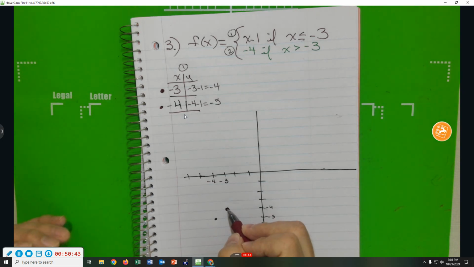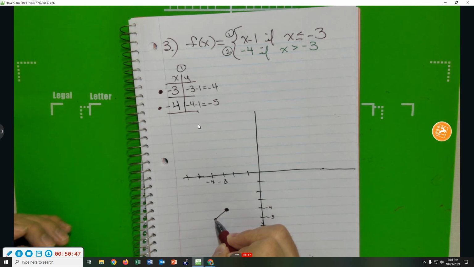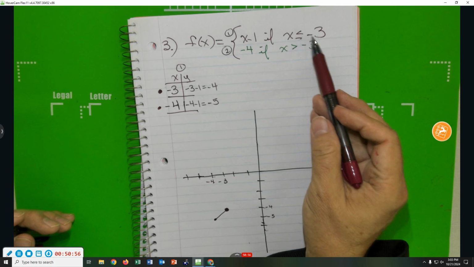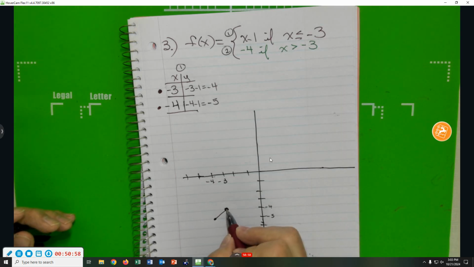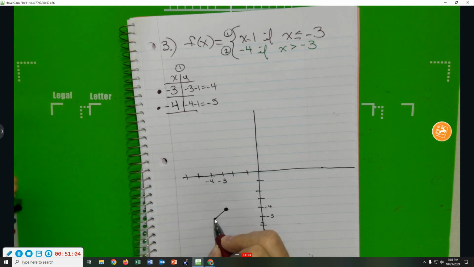So I start at the cut point and I go to the left. Do I stop or do I keep going? The interval x less than negative 3. I started at the cut point, I'm going to the left. Will that interval stop or does it keep going?